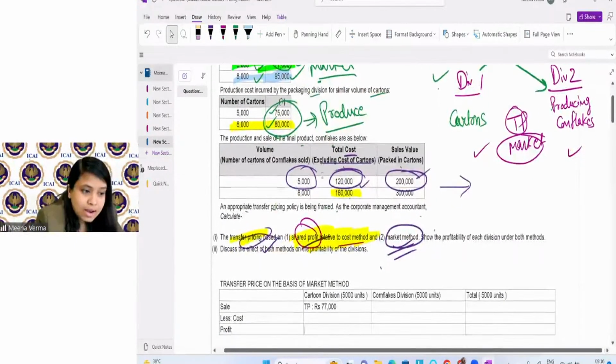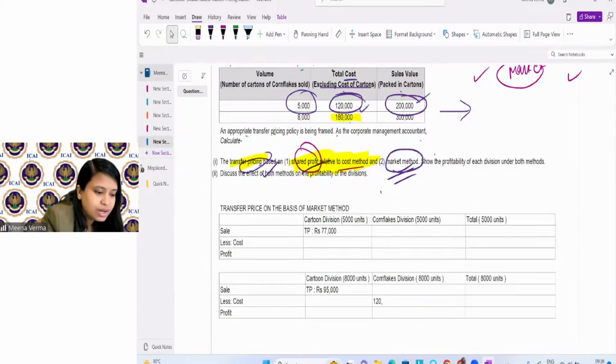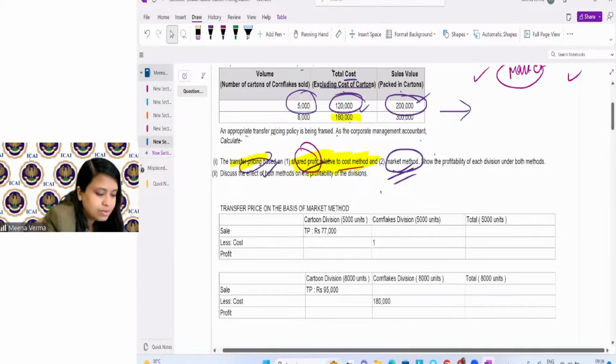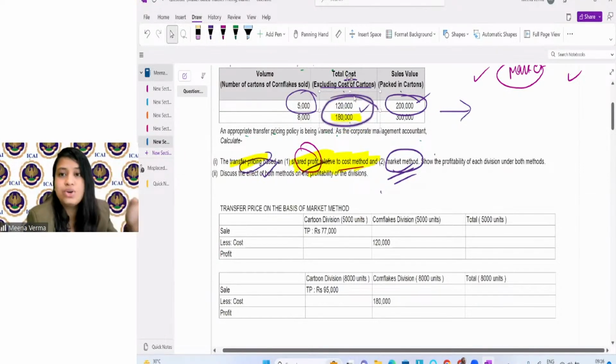Okay. Now the point is that the cost is given for this division. What cost is given? 1,20,000. This is 1,80,000 when 8,000 units we are selling. And here the cost is 1,20,000. So the cost of the division where we are producing the cornflakes are these costs.